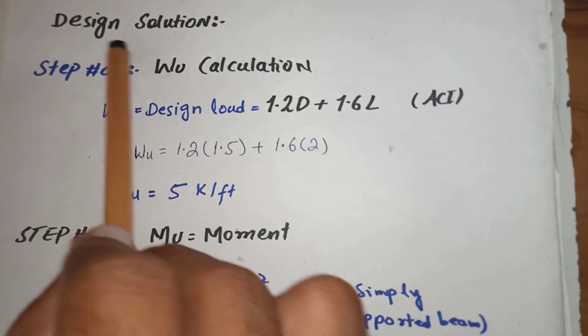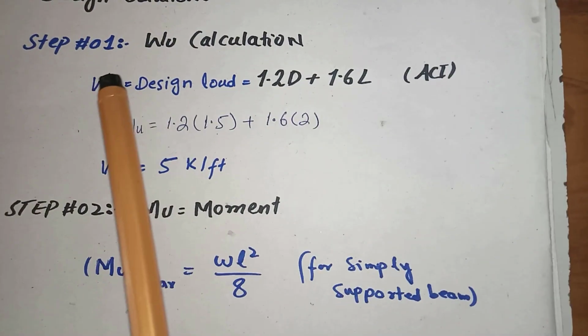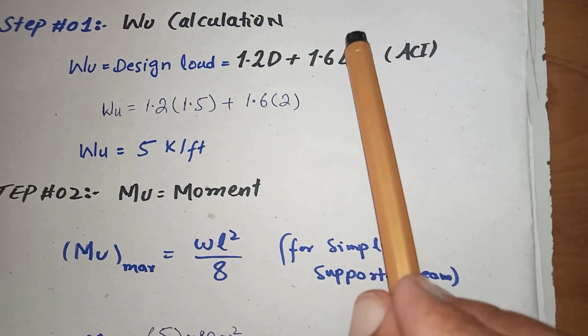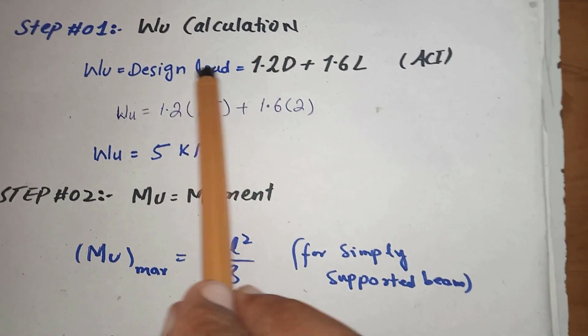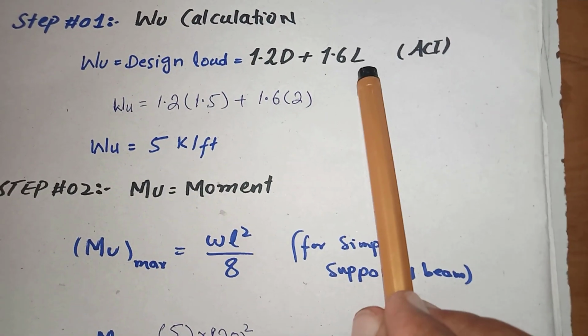What was step 1? Step 1 was WU calculation, or design load calculation. As we know, we had dead load and live load. According to ACI, we have to calculate design load. That formula is 1.2 times dead load plus 1.6 live load.